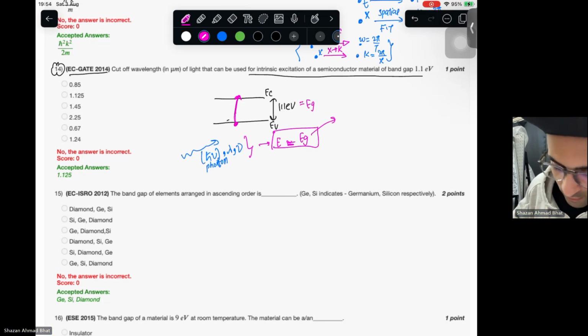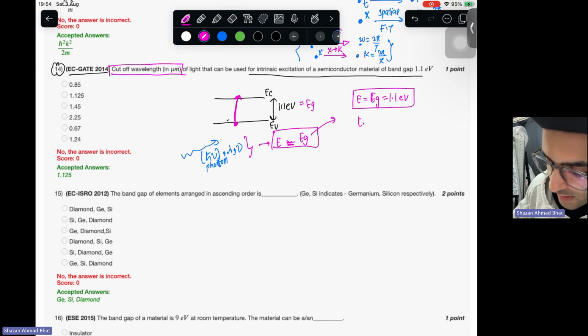Now, what you need to find is the cutoff wavelength. You can find the energy of the photon, which is equivalent to Eg, and that should be equal to 1.1 electron volt. Now you know that E is equivalent to hc over lambda.